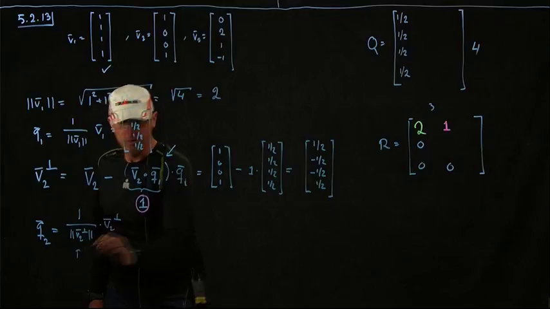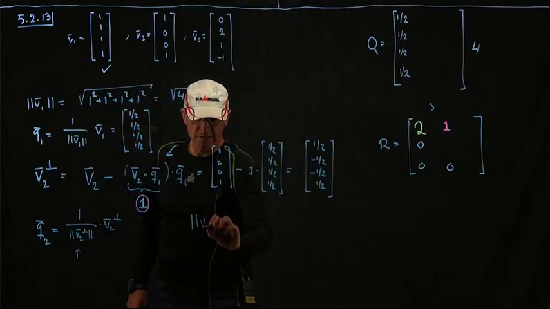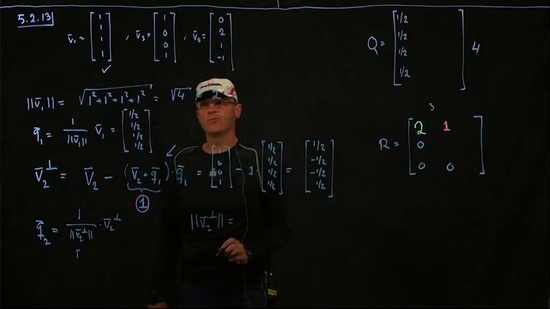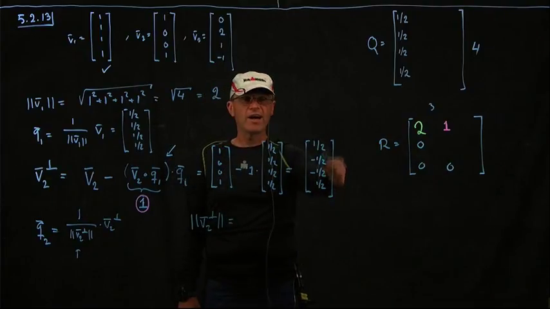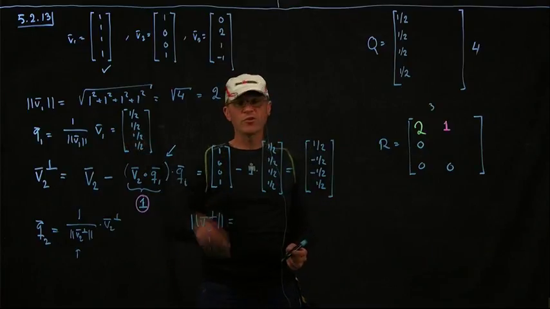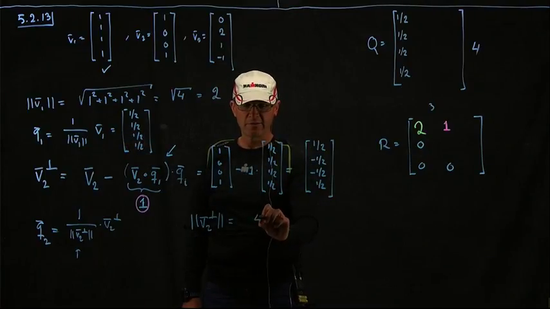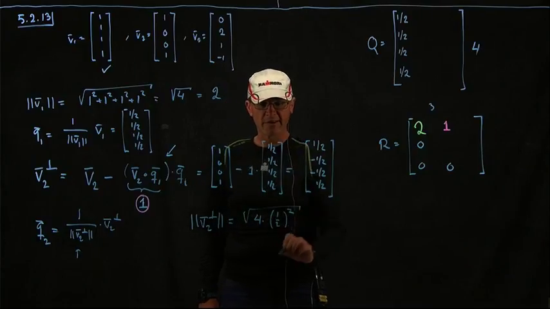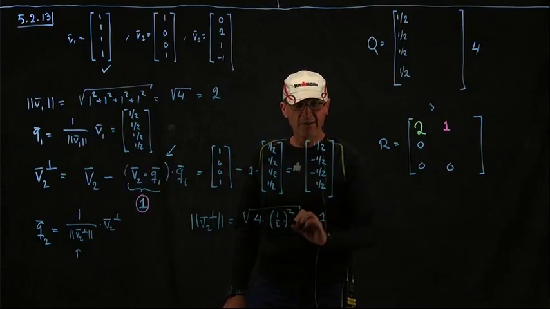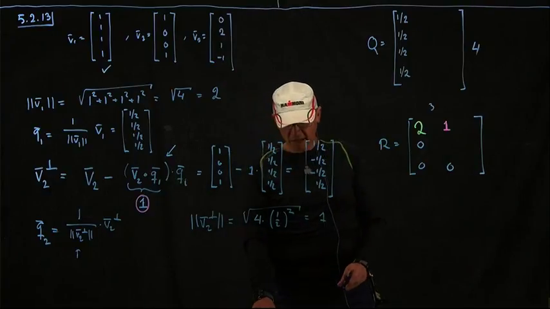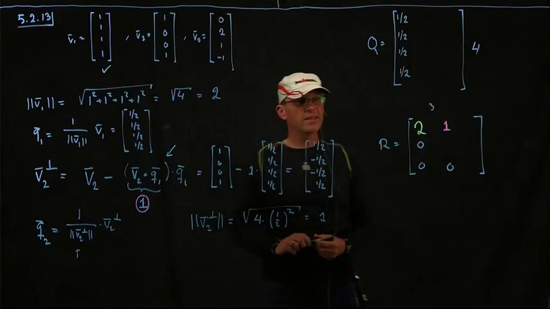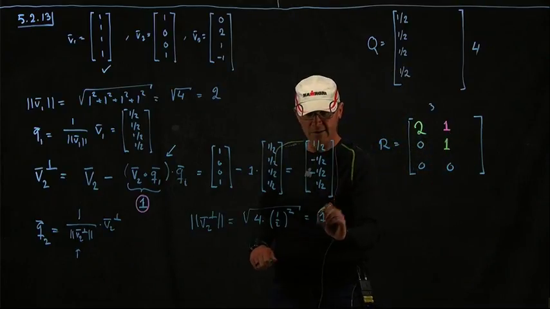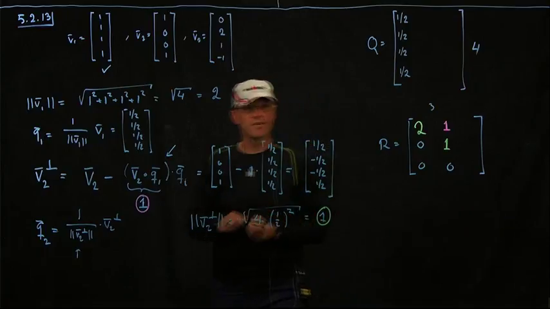In this case, we can see that this length is 1, because we have magnitude 1/2 in each one of the elements, just like we had for Q1. Indeed, it's 4 times 1/2 squared, and then the square root of that. So it is 1. That makes our second diagonal element here 1, so it's that one that comes from over here.